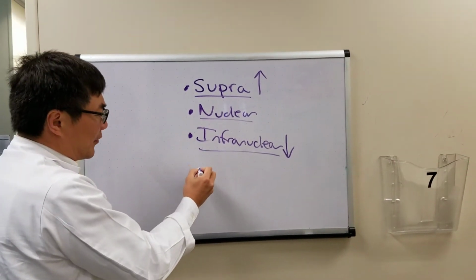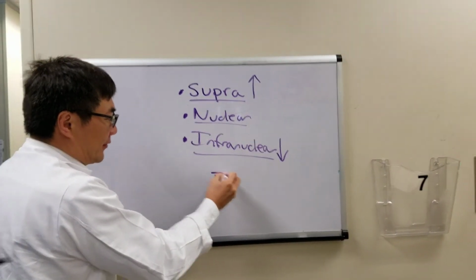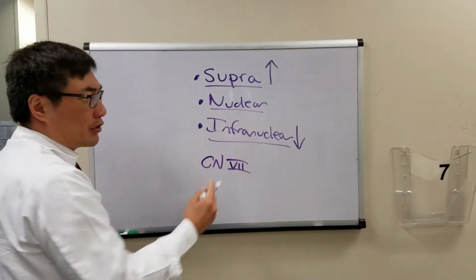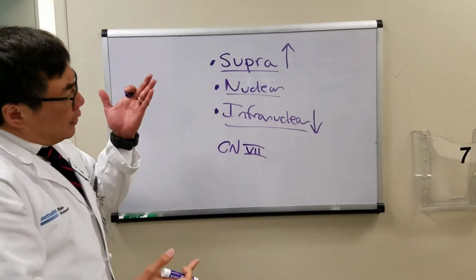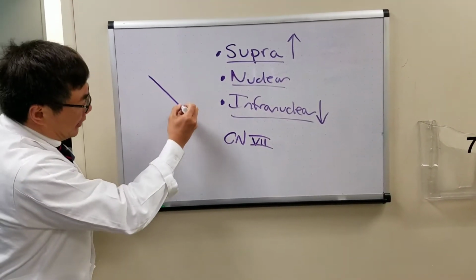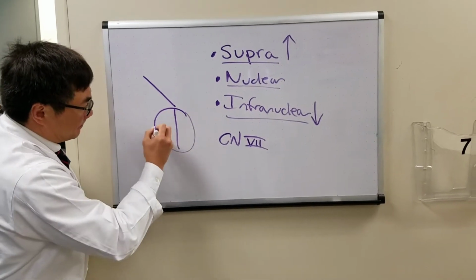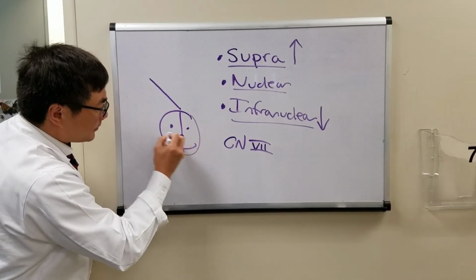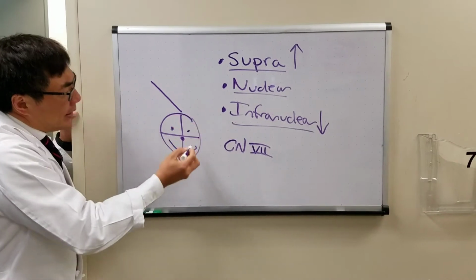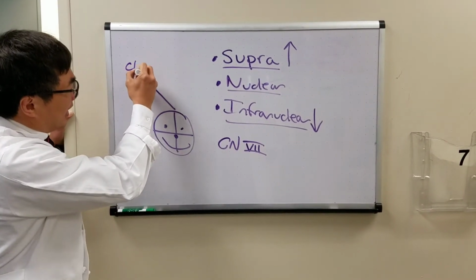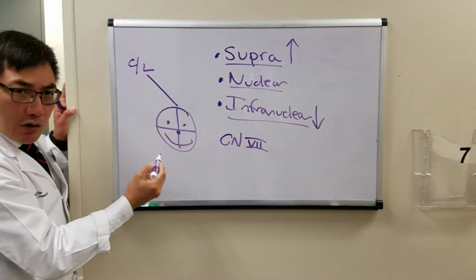So for example, for the seventh cranial nerve, which controls your face, there is supranuclear input to your face. And it comes from the contralateral cortex.